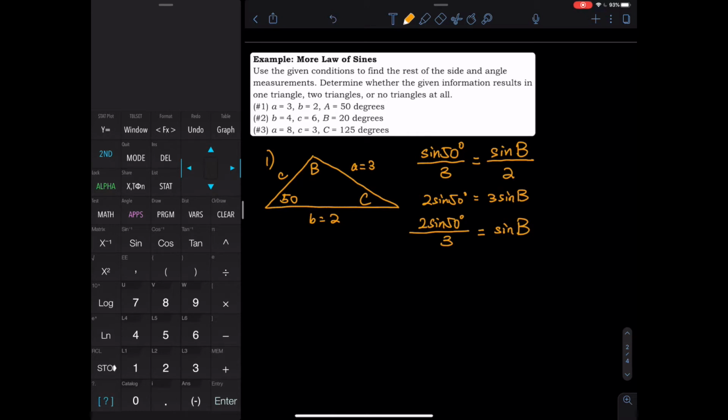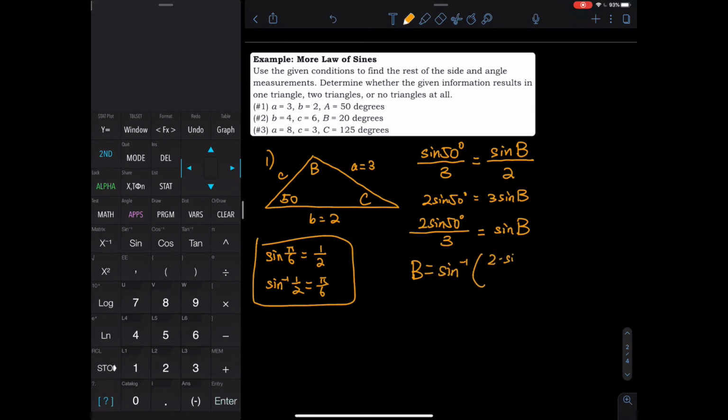You have to take the inverse sine on both sides. We remember sine of pi over 6 equals 1/2, and inverse sine of 1/2 goes back to pi over 6. We are going to discuss this one more time later in this problem. So B equals inverse sine of 2 times sine 50 degrees divided by 3.